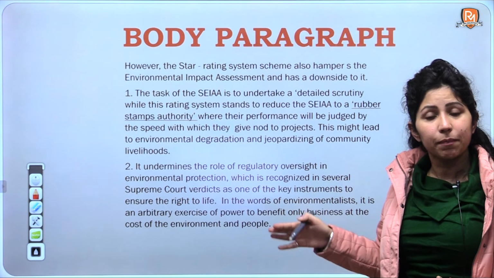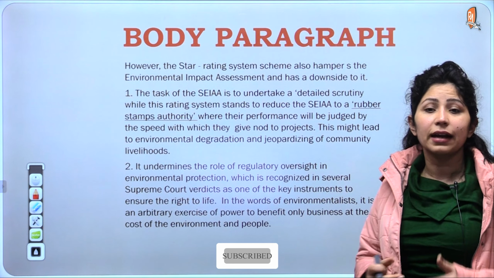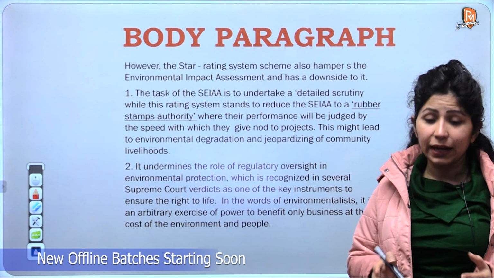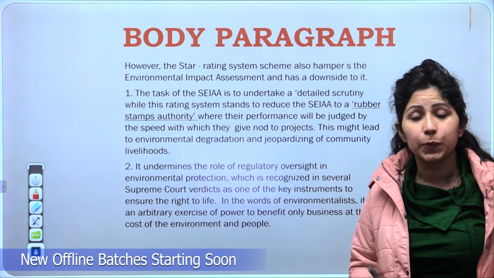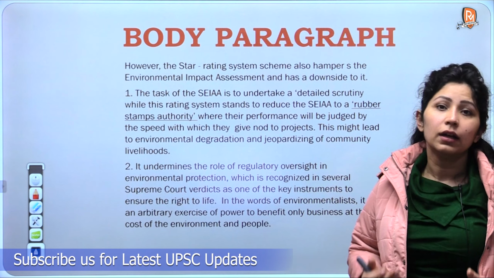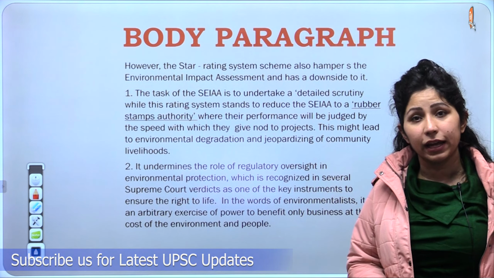So these state environmental impact assessment agencies act as regulatory agencies. They provide regulatory oversight before starting any project. And if we are putting curbs on the time that they take, on the way that they function, then Article 21 is hampered. We are being deprived of our right to life under Article 21. So that's the second negative aspect of the star ranking system for states.